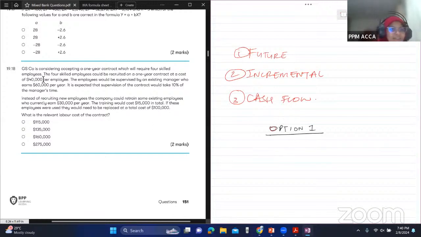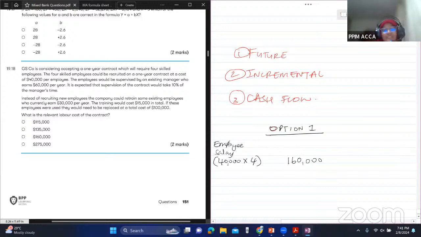What was that? We get 4 skilled employees at 40,000 per employee. Let's just call it a salary, 40,000 into 4. You will have to pay that, so that will be 160,000. That will be the cost.